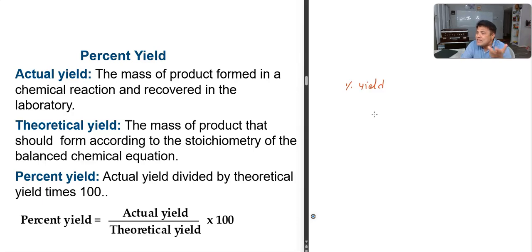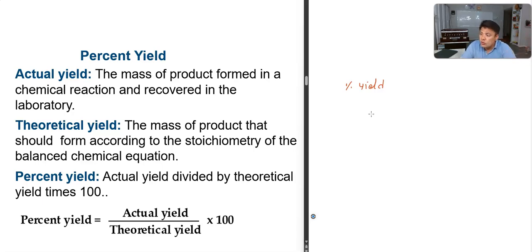Some mistakes are there, some experimental errors are there. You have studied experimental error, precision, accuracy, etc. in the lab section, right? There are instrumental errors, lots of things. That's why it's very, very hard to get 100% yield. So if you get 90% yield or 95% yield, that's great.